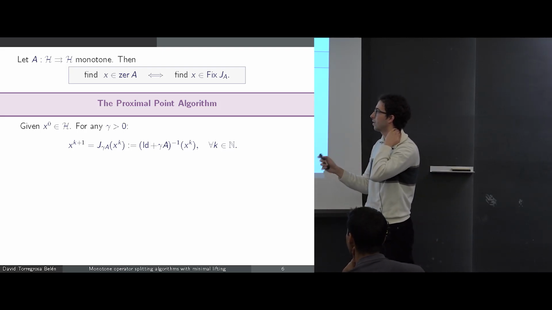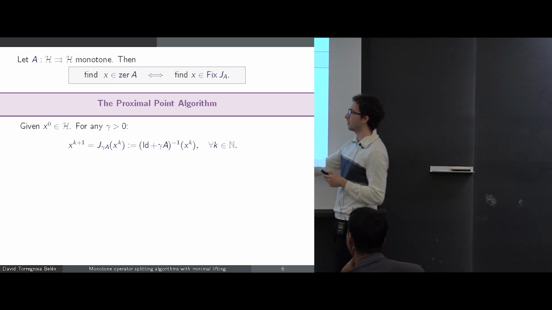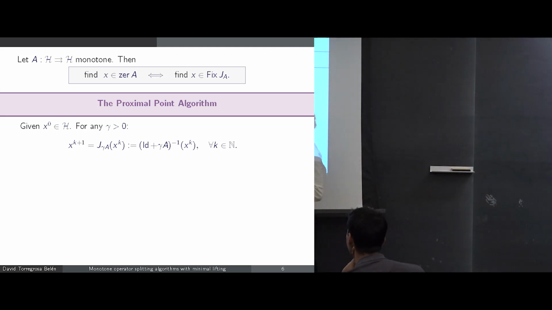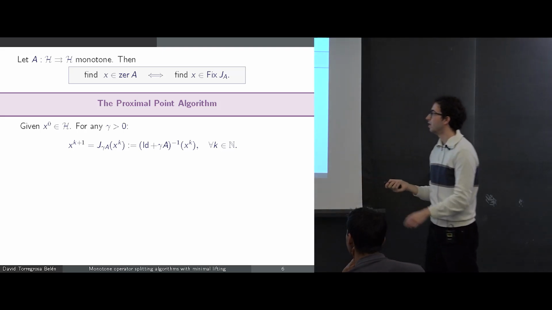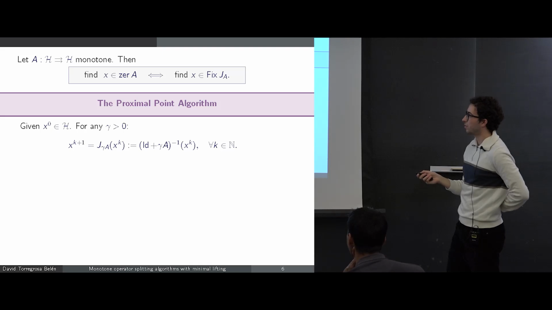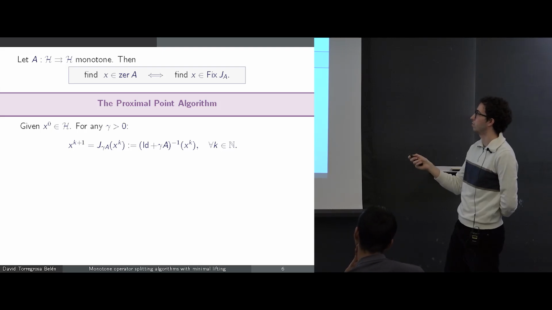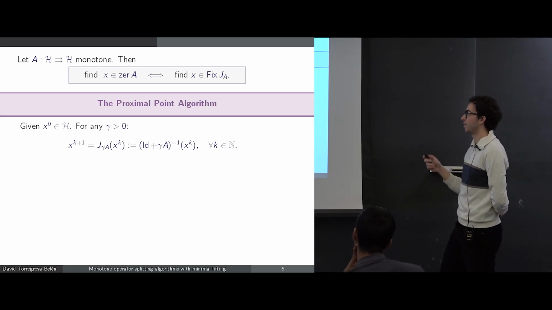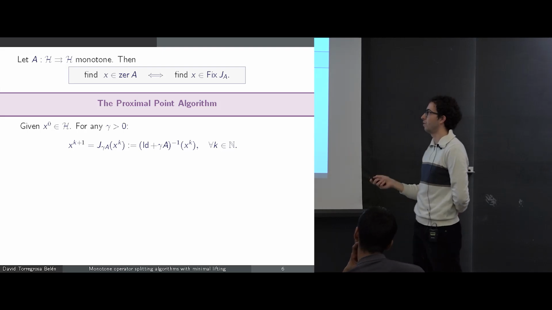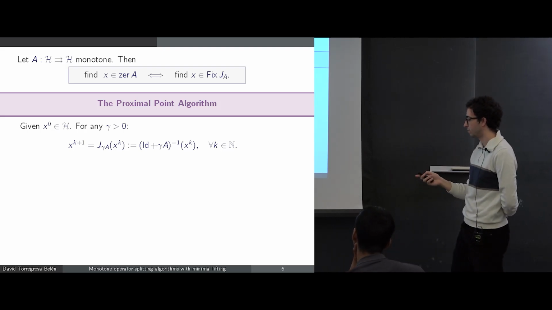It's given in this way. I included here an additional parameter, a positive parameter gamma, which is the step size. Right now I just want to say that the set of fixed points of this operator with gamma is equal to this one here. And if I have time, I will say at some moment why this parameter is important.